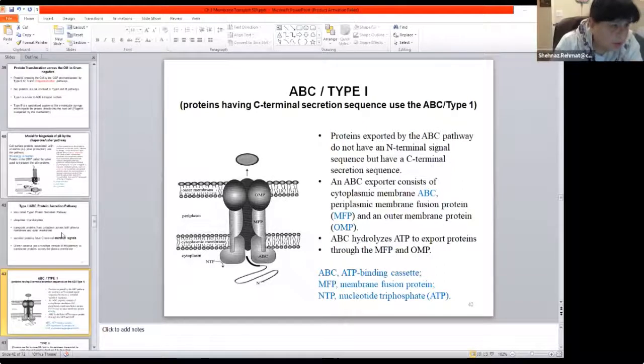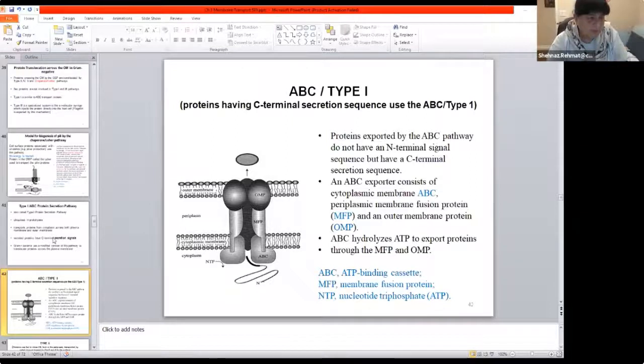I saw in your new book they've gone up to type 8 also, and this is mainly for describing different types of transport systems across the outer membrane, and which of the transport systems in the cytoplasmic membrane work with which of the transport systems in the outer membrane.